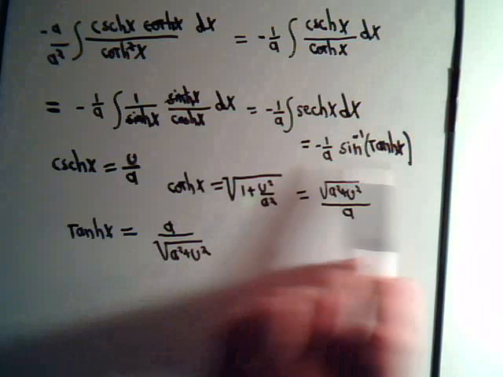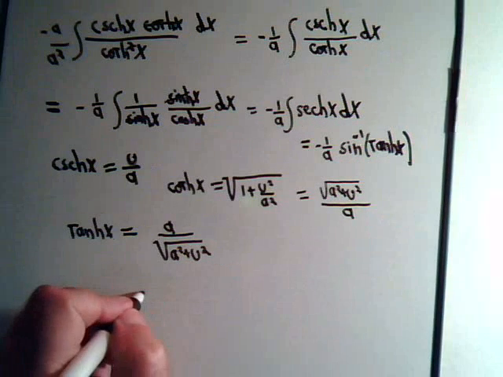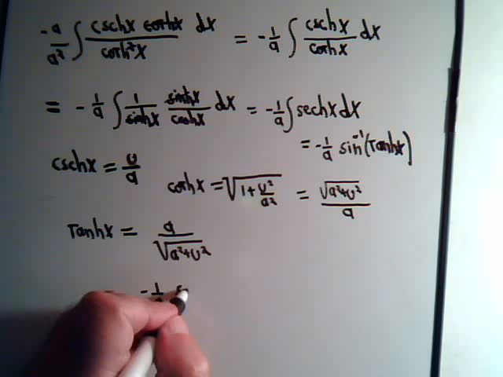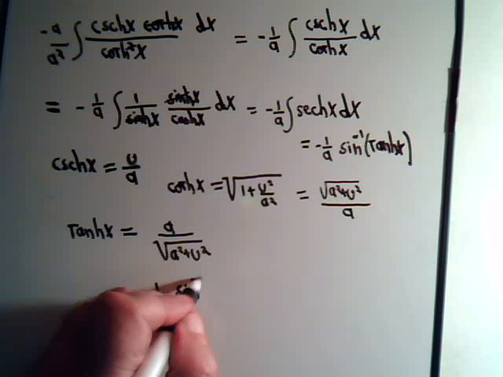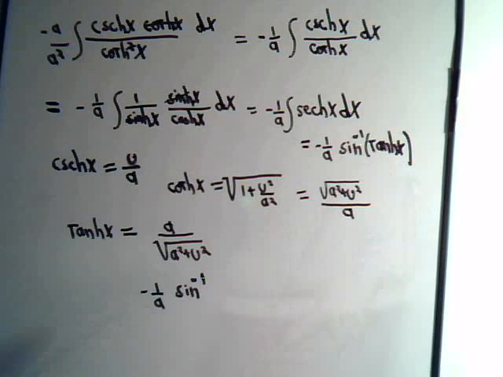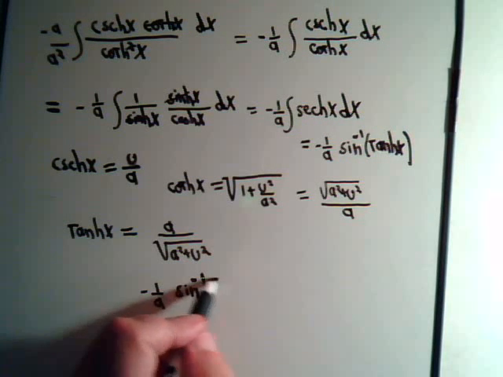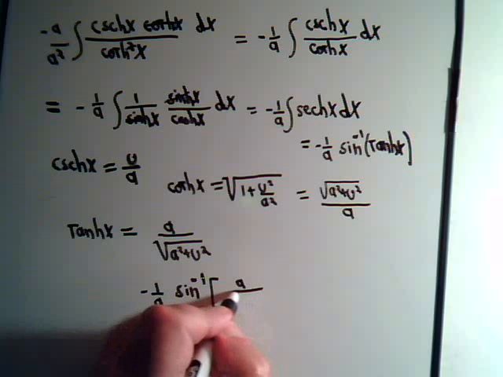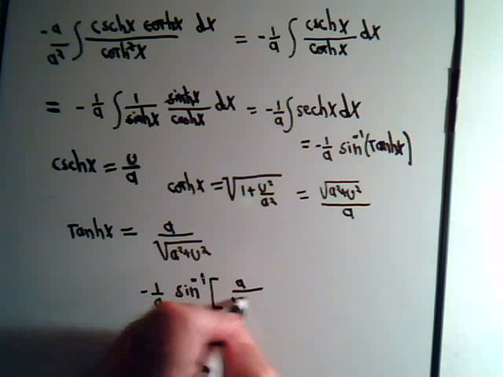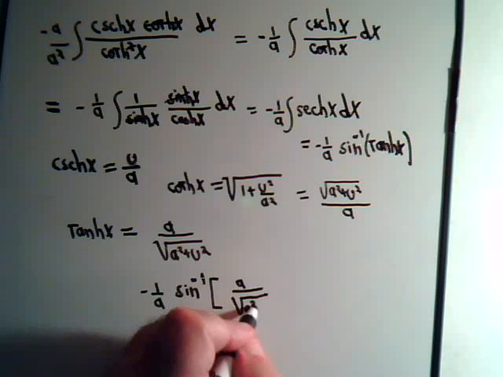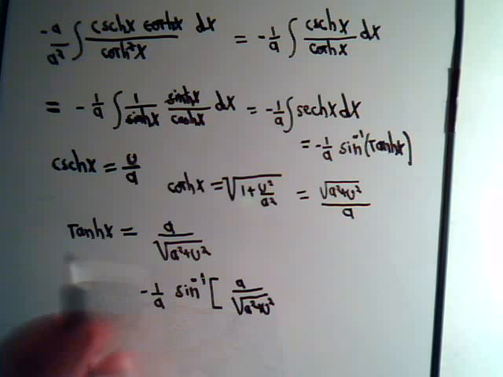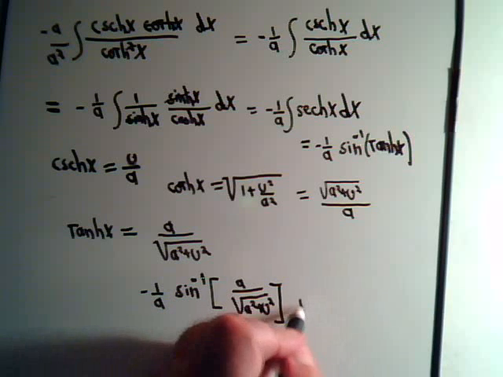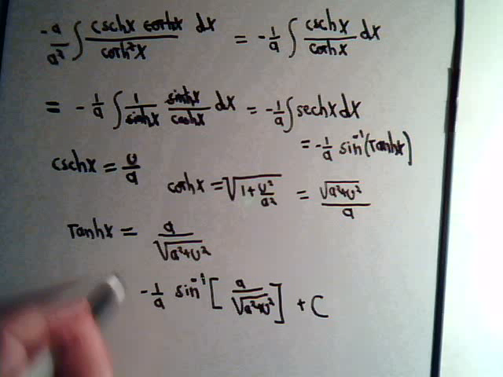So our answer here now becomes minus 1 over a times the inverse sine of the hyperbolic tangent of x, which is this. So I'm going to have a divided by the square root of a squared plus u squared, plus a constant.